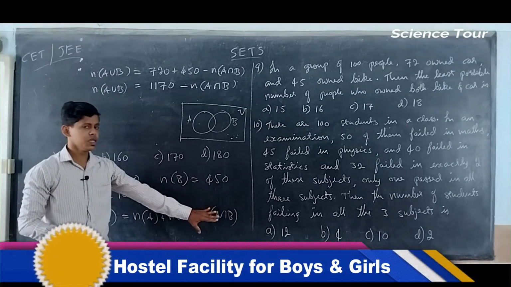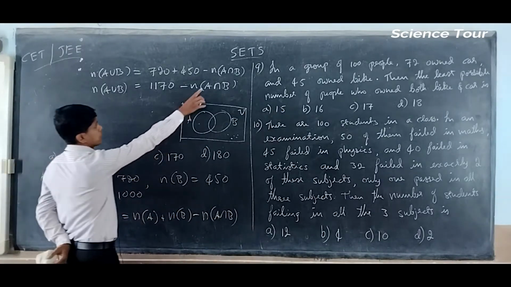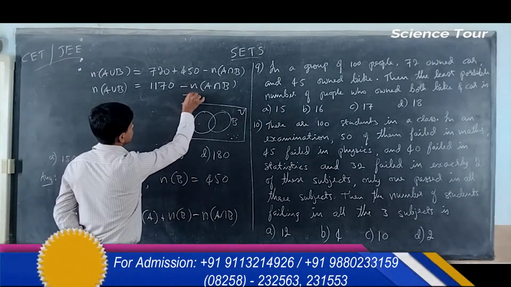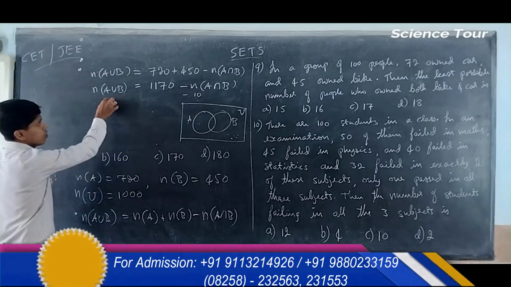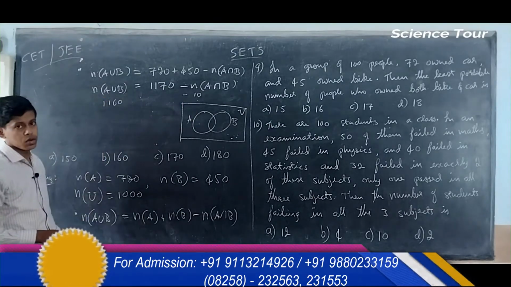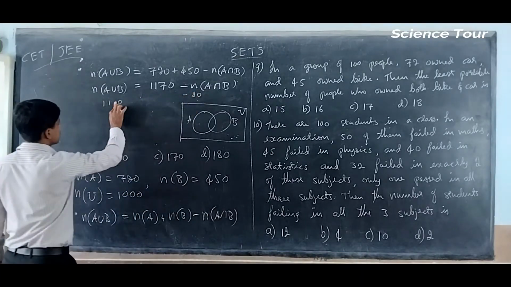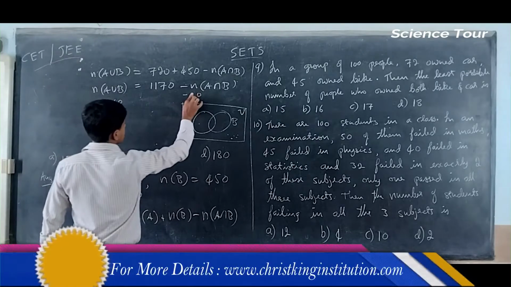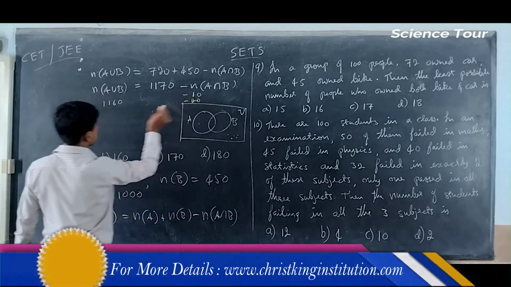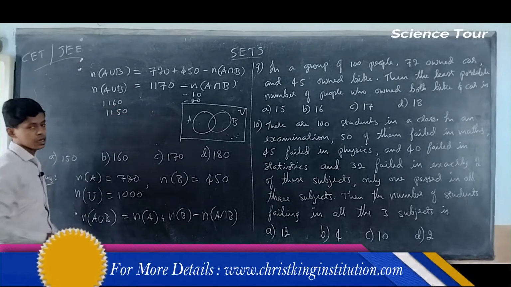When will this be minimum? If this is maximum, is it not? When this is minimum, imagine you put 10 here. Then what will be the value? 1160. Correct? Let me increase it. If it is 20, then this will be 1150. Okay.